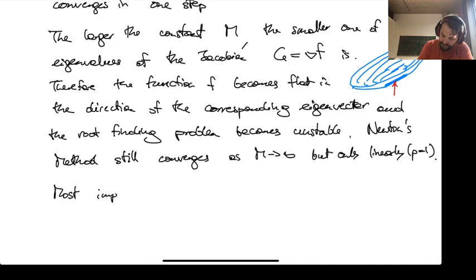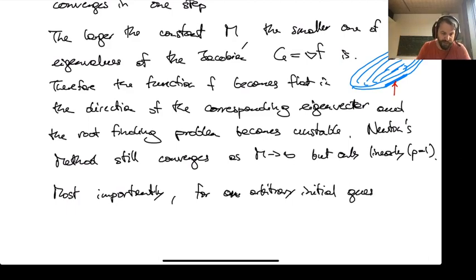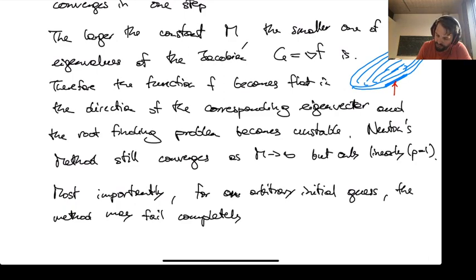Newton sounds like the perfect method to solve this problem, were it not for the problem that for an arbitrary initial guess that's not close to the solution, the method may fail completely, or converge to a different solution of the nonlinear equation.